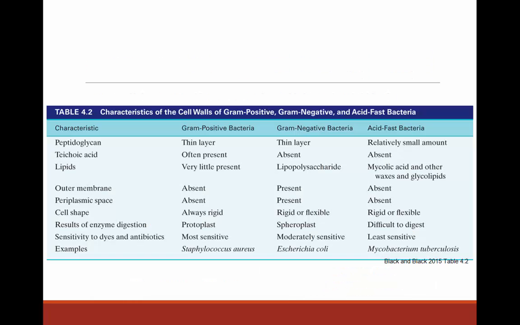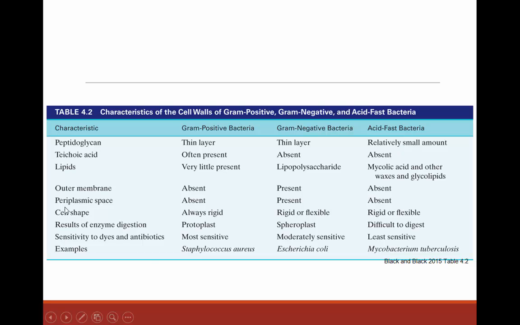So this is quite a nice table because it goes through the gram-positive, gram-negative and acid-fast bacteria, just giving you the characteristics that are in all of them, okay? And you've got some type organisms as well. So Staphylococcus aureus, gram-positive, Escherichia coli, gram-negative, and Mycobacterium tuberculosis as an acid-fast.